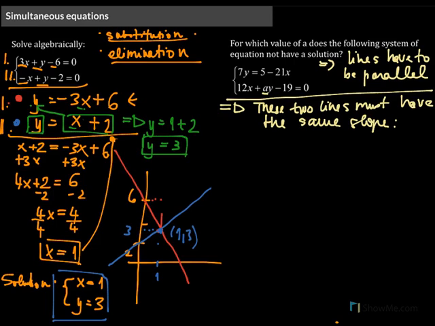Let's take a look at the first one. My first line, the slope-intercept form, starts with y is equal to something.